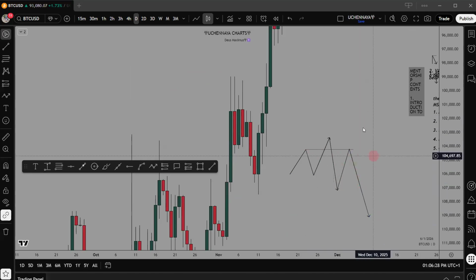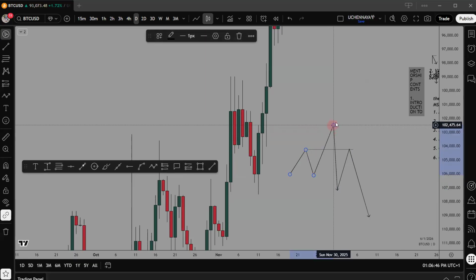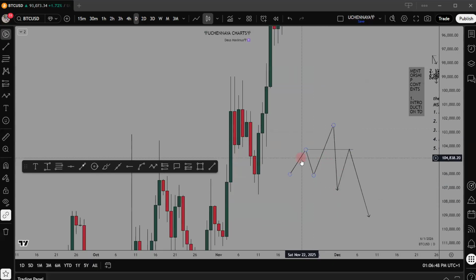Now, for bearish QML. Let me move this higher so it will not look like they are too close. Okay.